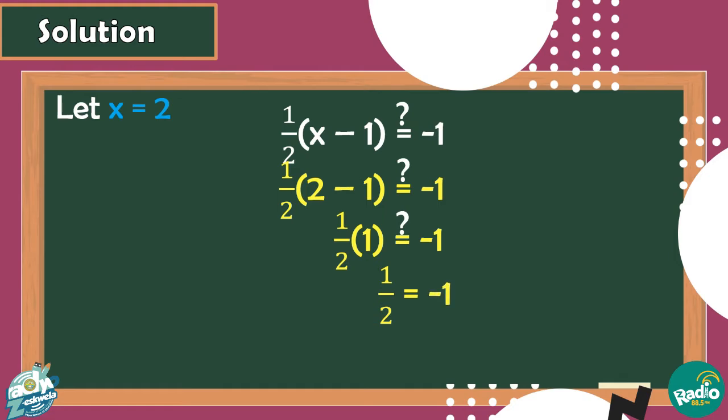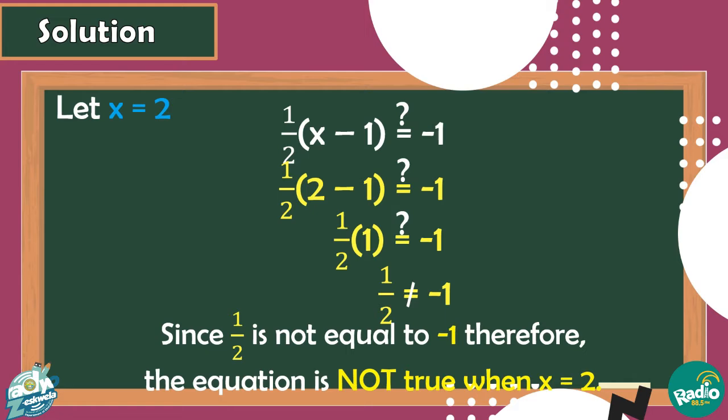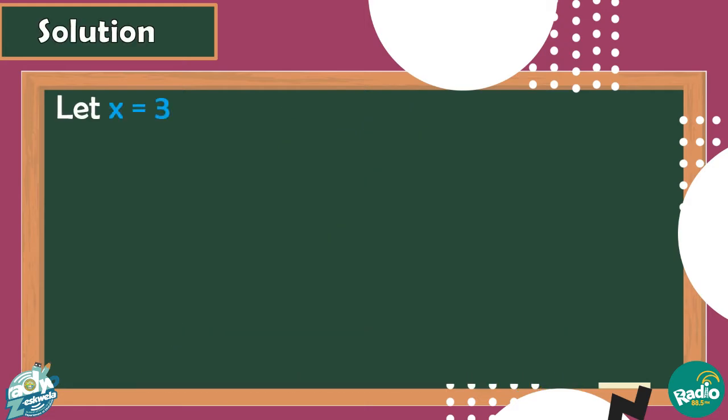And simplify further, the result now becomes 1/2 is equal to negative 1. Is it true? Since 1/2 is not equal to negative 1, therefore, the equation is not true when x is equal to 2. How about when x is equal to 3?